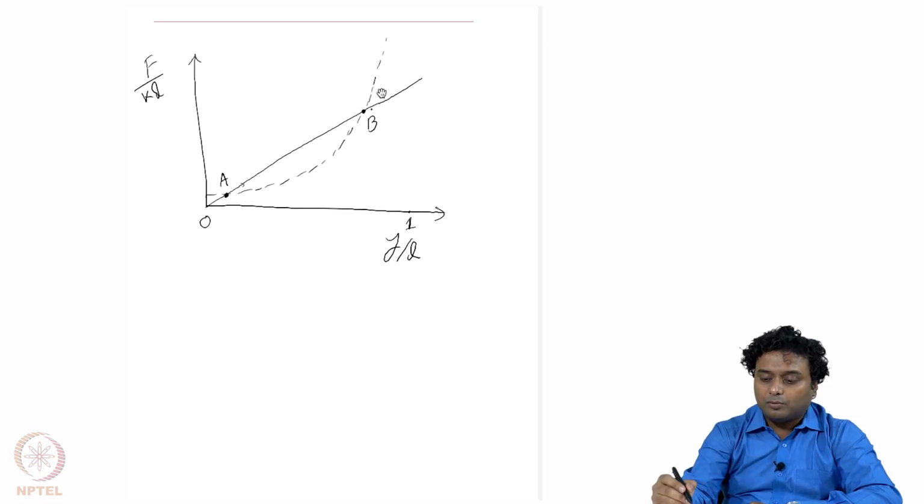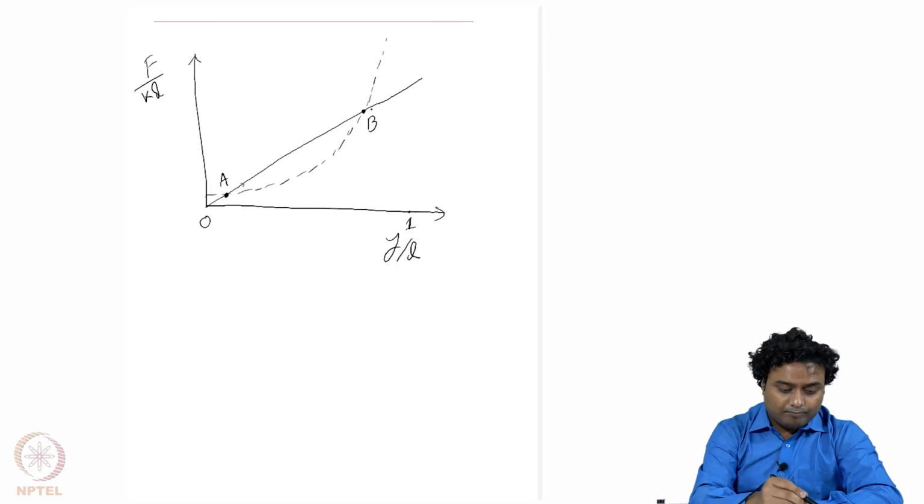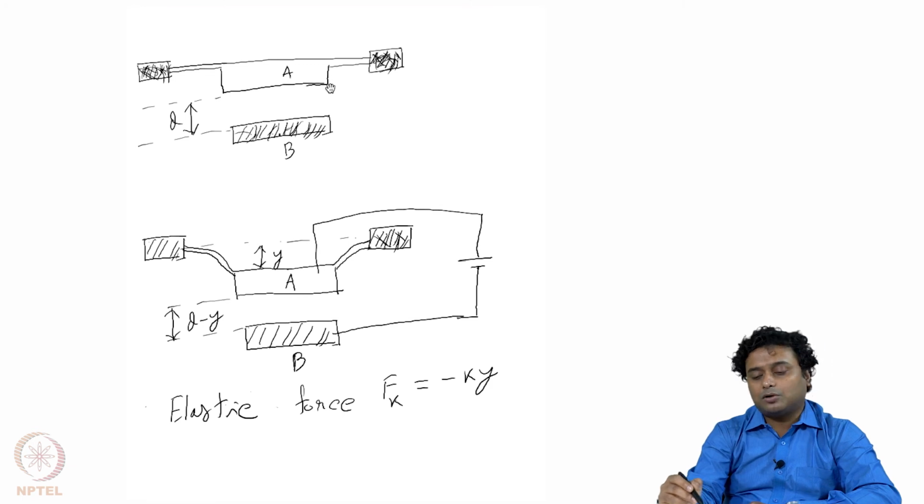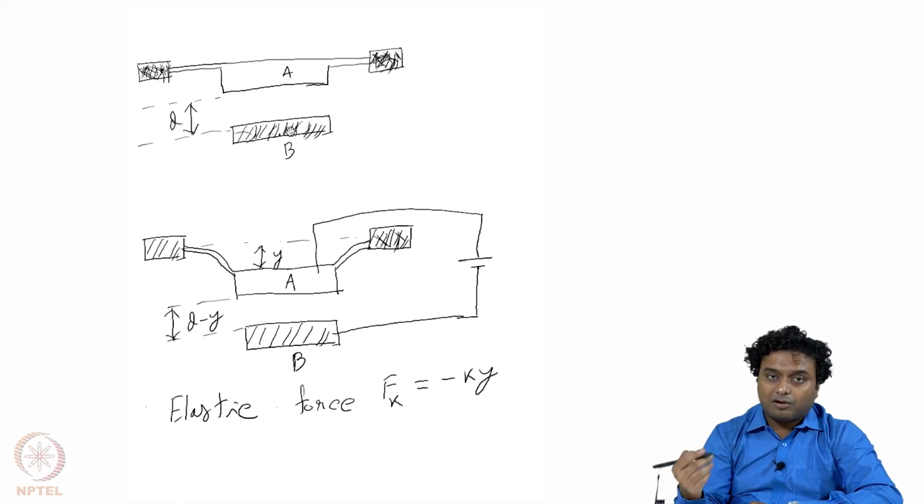This is called the pull-in phenomenon, where the top plate will snap onto the bottom plate, okay, because the elastic or mechanical force is not able to pull the top plate back to its place. For the mechanical force, the force is increasing with F is equal to Ky, that is linear, but the electrostatic force is increasing with a power of 2.